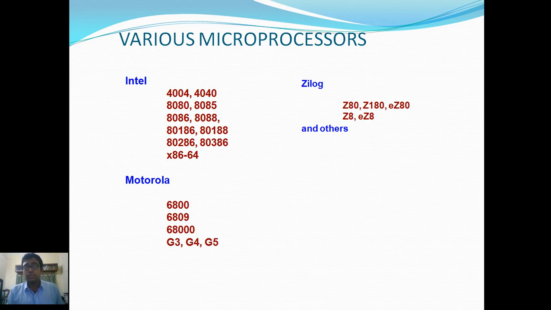Now we have program files in x86 and also this. And in the case of Zilog, it's also a Z series, from the acronym Z, the first letter being used: Z80, Z180, EZ80, Z8. All these have been included as time passes by. So let's go to the next slide.